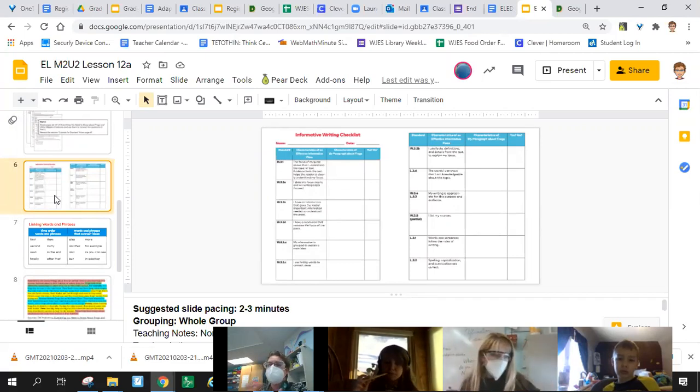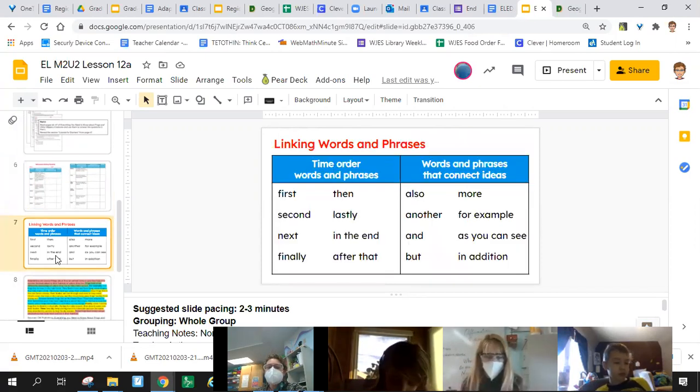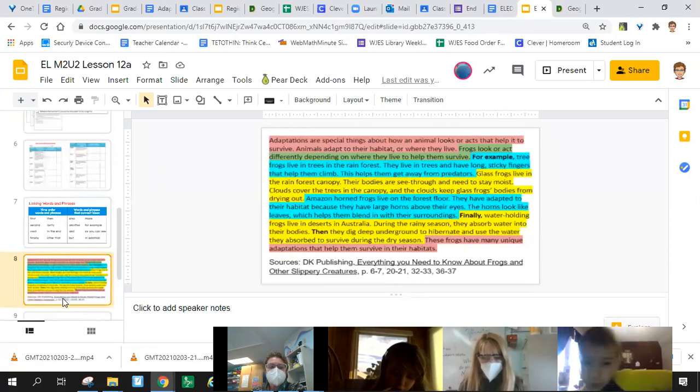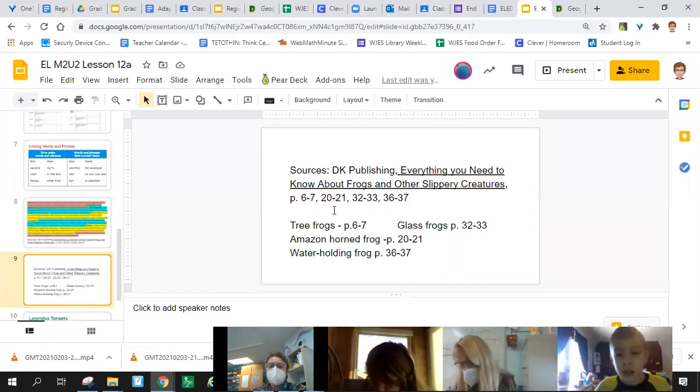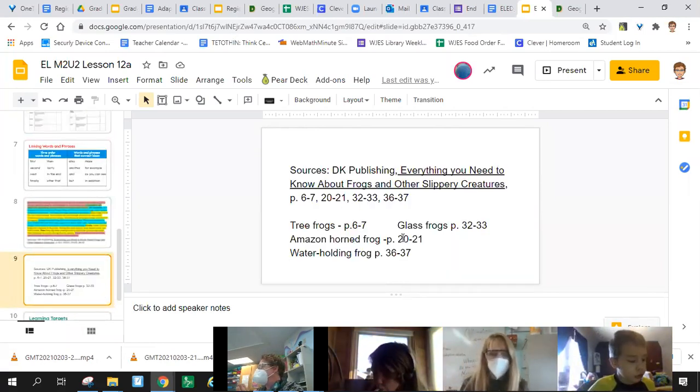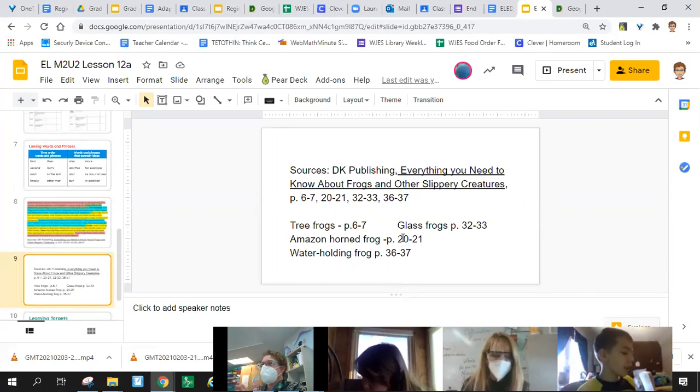If you're here, Mrs. Aubin can help you find it in your workbook, but we have to make sure that you do your checklist. You need to make sure that you have your linking words. Ben, we're not reading yet. Thank you. We have linking words and phrases. You need to make sure you add those. You also need to make sure that you have included your sources at the bottom. The sources need to be at the bottom of your paragraph.